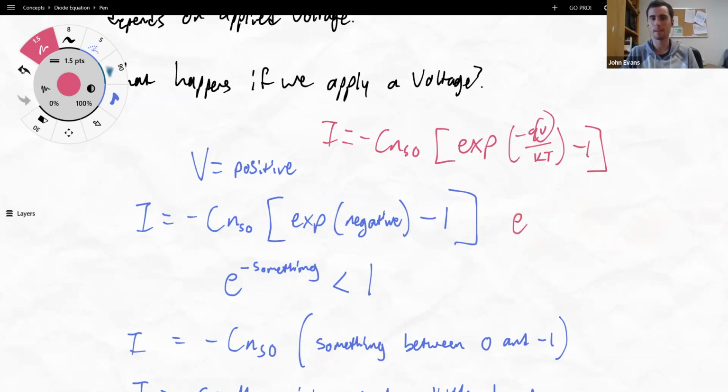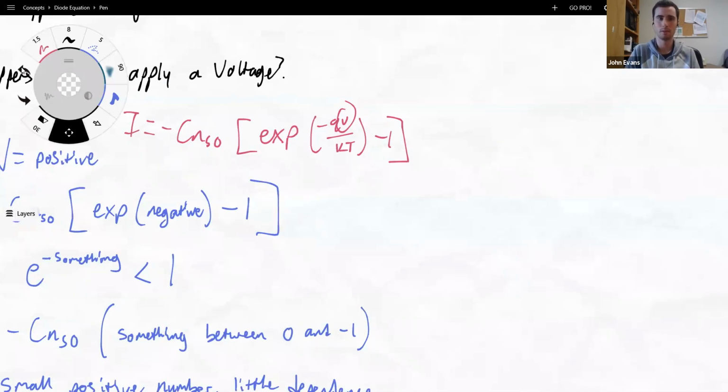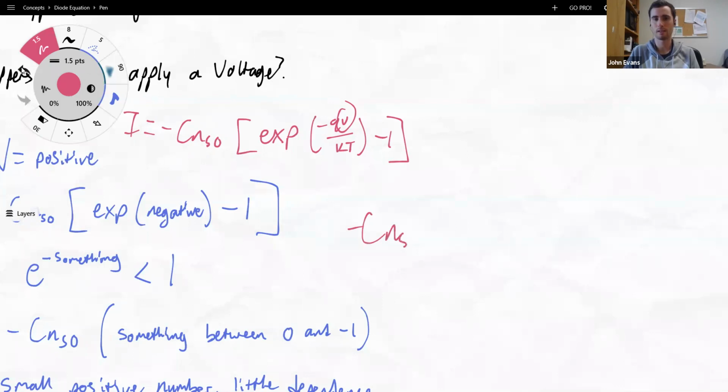Recall that e to the 0 is equal to 1, so e to anything less than 0 is going to be less than 1. So e to the minus something, which is what we have, is going to be less than 1, which means that our expression here is going to be equal to negative C N sub S naught times something that's less than 1 minus 1.